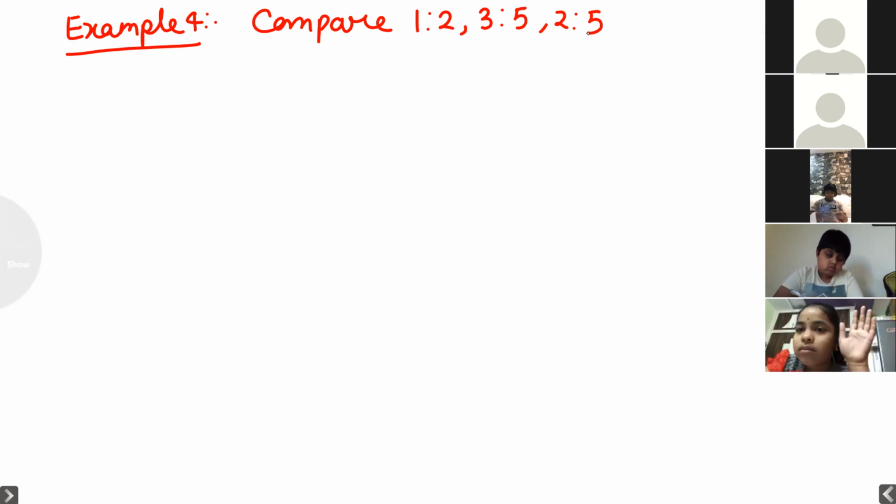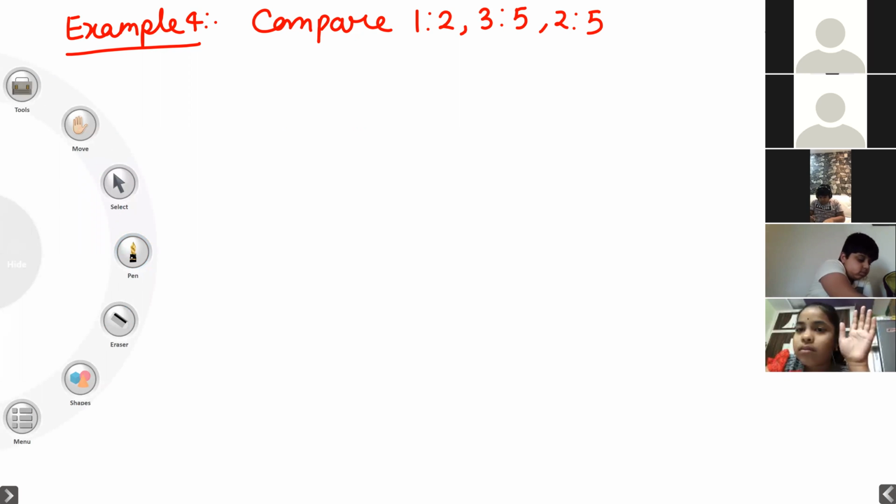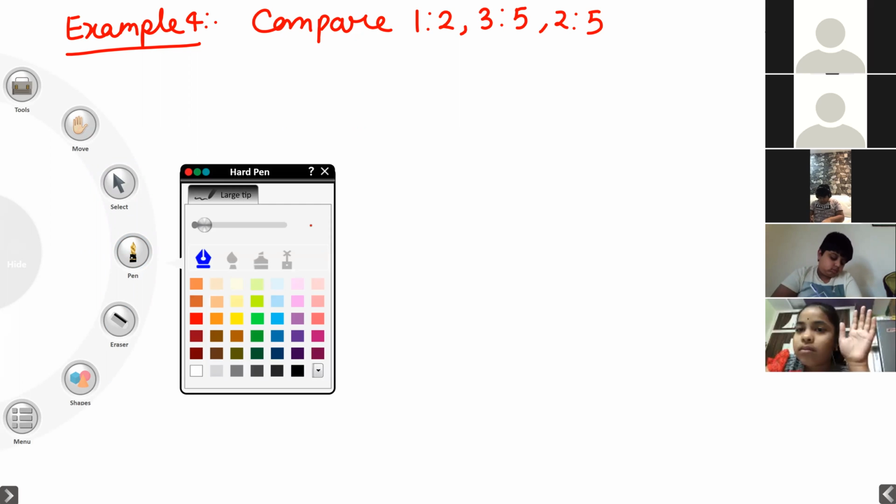Yes. Firstly, we want to write into fraction form. Again, LCM of denominator. Same process, whatever we have done just now. Start solving along with me, everyone.